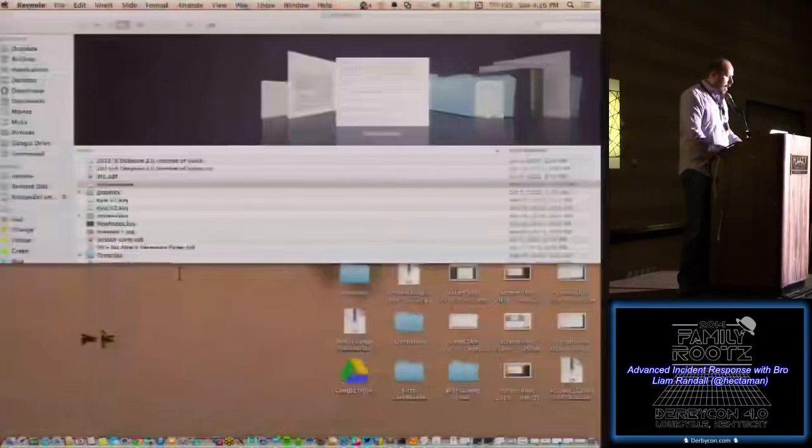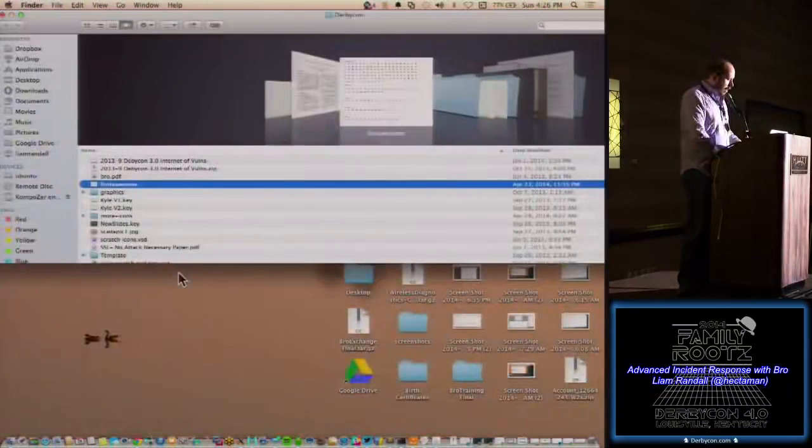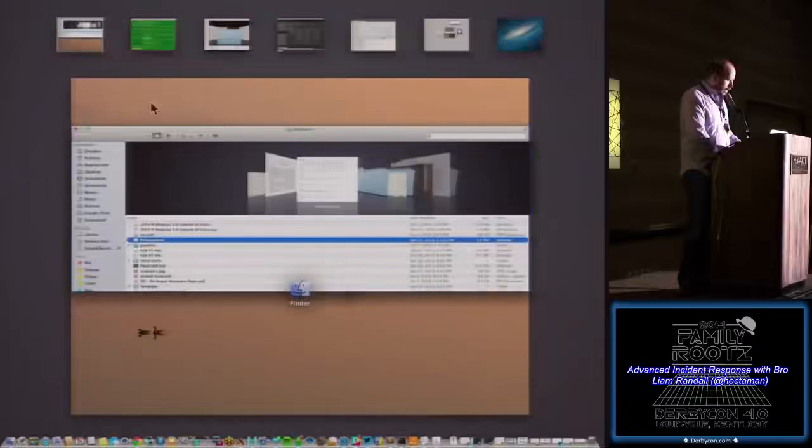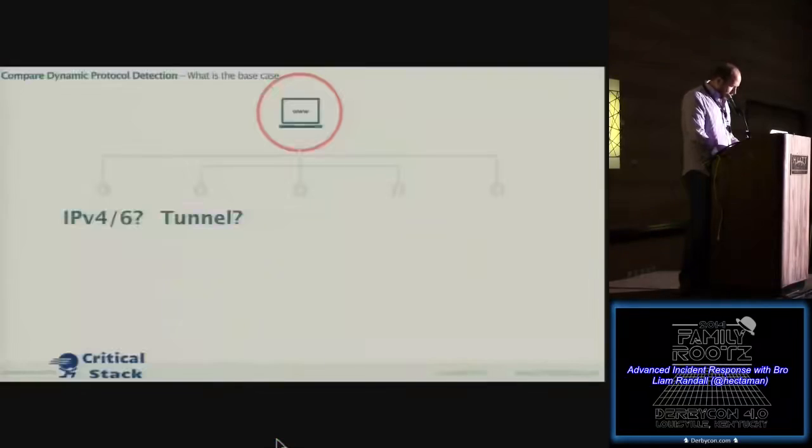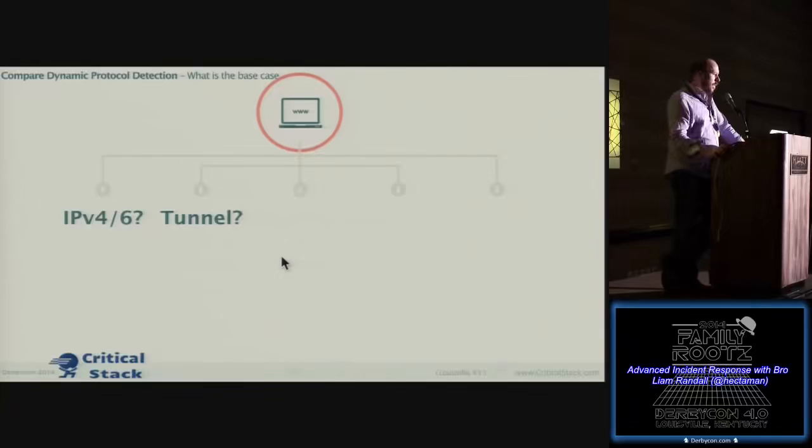For example, do you really care what the protocol? Hold on, let me pull up my picture. There it is. Right. When that HTTP request fires, do you care if it was going over IPv4 or IPv6? Do you care if it were embedded or nested inside a Teredo tunnel or MPLS?